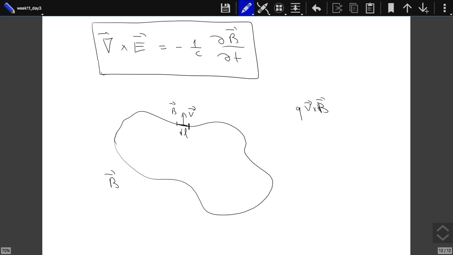That work will be just Q, V cross B, times dl.